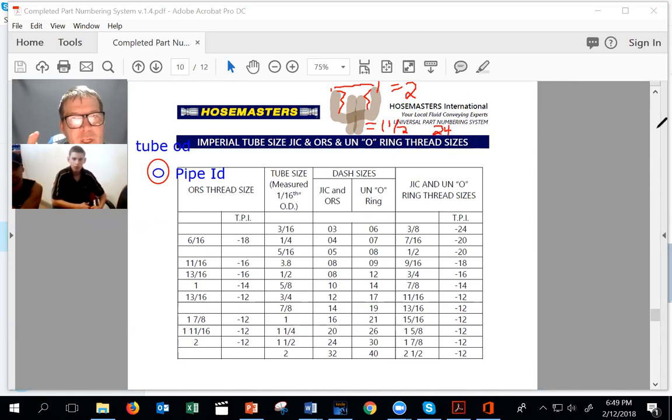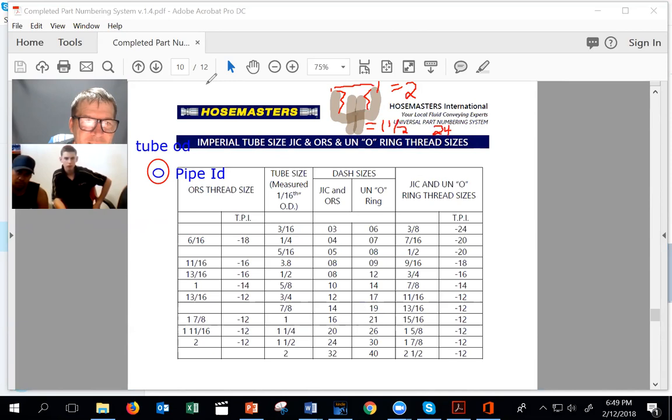Because what you really have, and this is where it confuses people, and this is our business, is they'll measure it and they'll give you one measurement, but you'll have no clue. Are they measuring the thread? Are they measuring the tube? Are they measuring the pipe? What are they measuring? So if you understand this, see where it says 2, the 2 equals the thread, but it's 1.5 inches because it's a tube fitting.